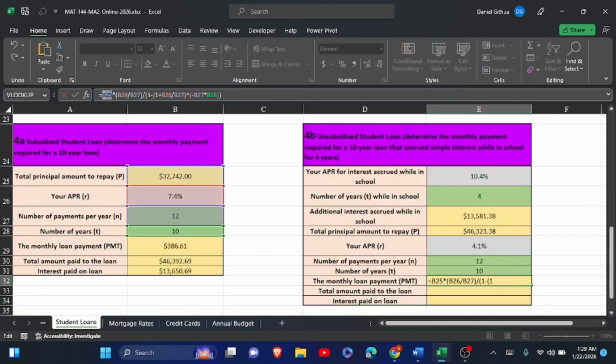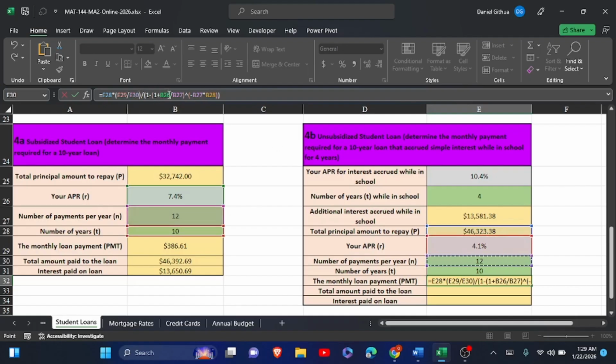The amount to be paid, this is the P. You change that to that one, and then we come to the interest. We are also changing this one to the one given here, then divided by n.